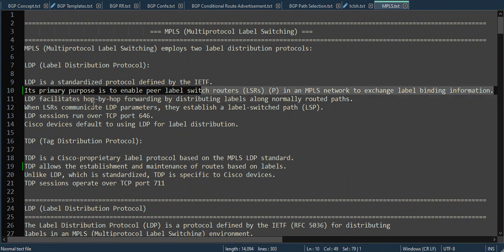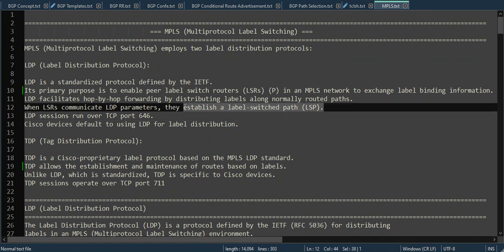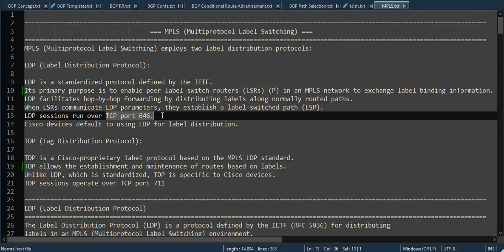LDP facilitates hop by hop forwarding by distributing labels along normally routed paths. When LSRs communicate LDP parameters, they establish a label switch path, or LSP, and the LDP session runs over TCP port 646.